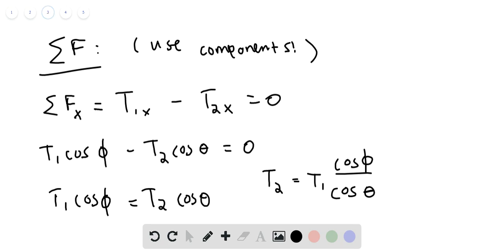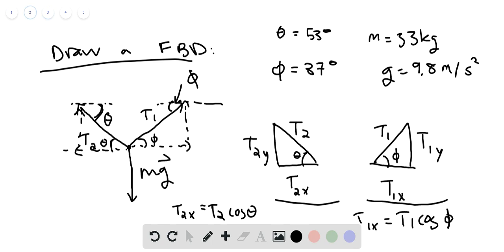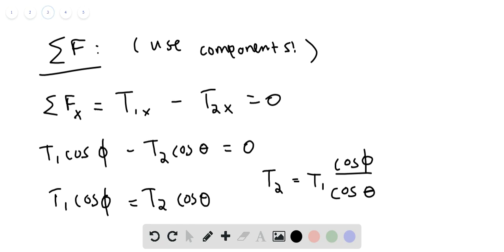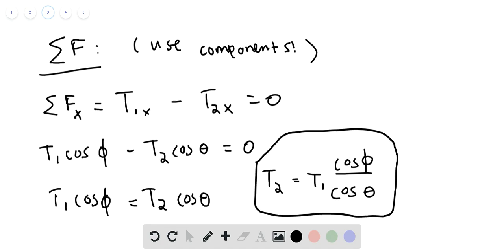So, sum of the forces. Here we can sum the forces in the x direction. The only two that we see are the T1 x component and the T2 x component, here and here, right? They don't quite cancel each other out because they have different values, but they do equal each other. So we get this relation: T2 is equal to T1 times cosine phi over cosine theta.